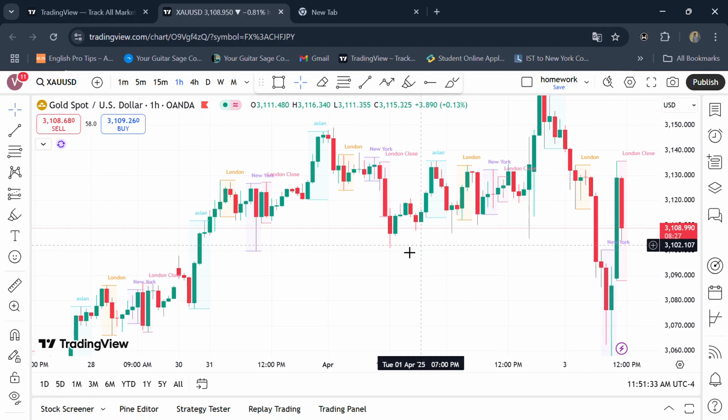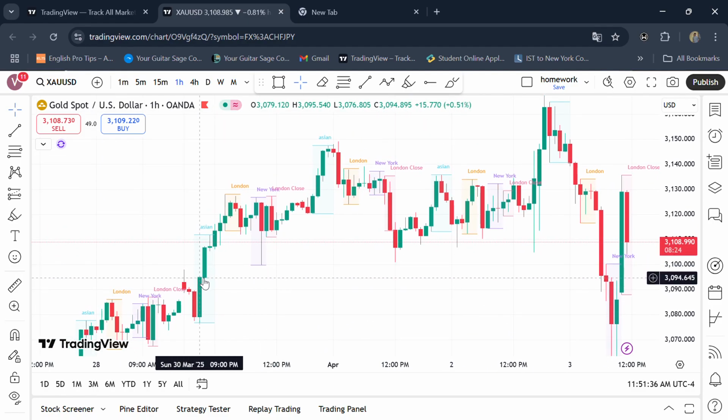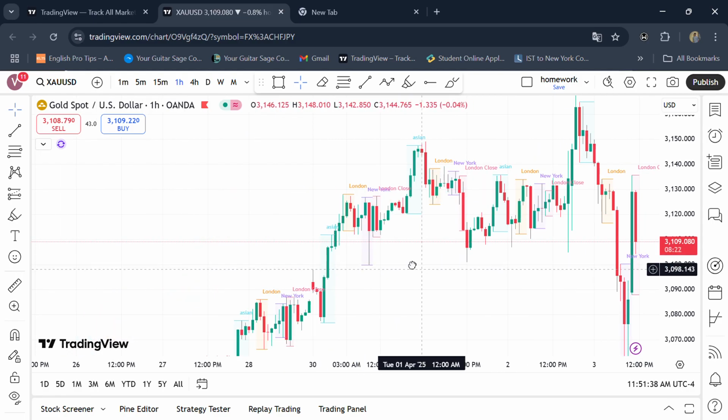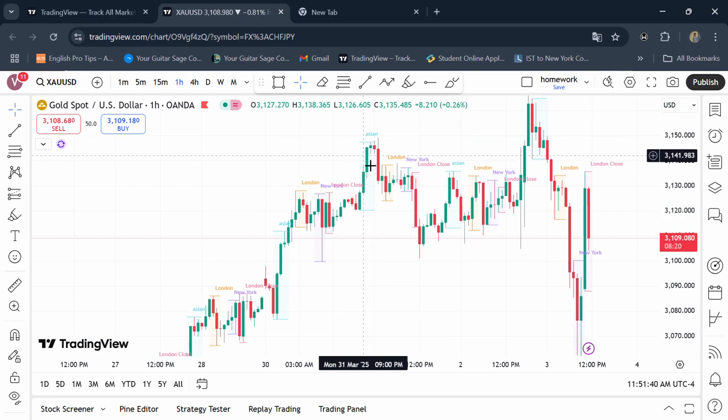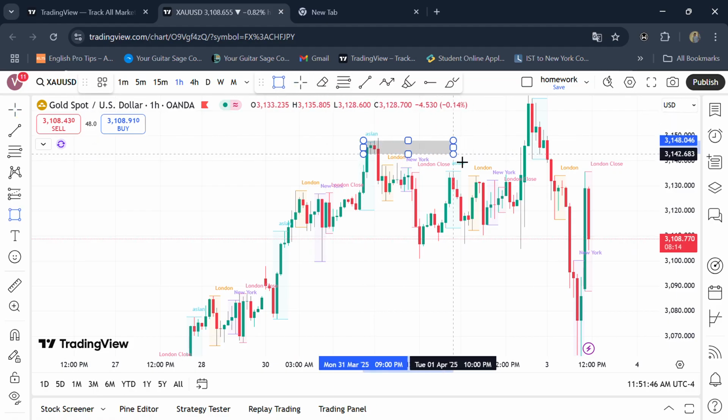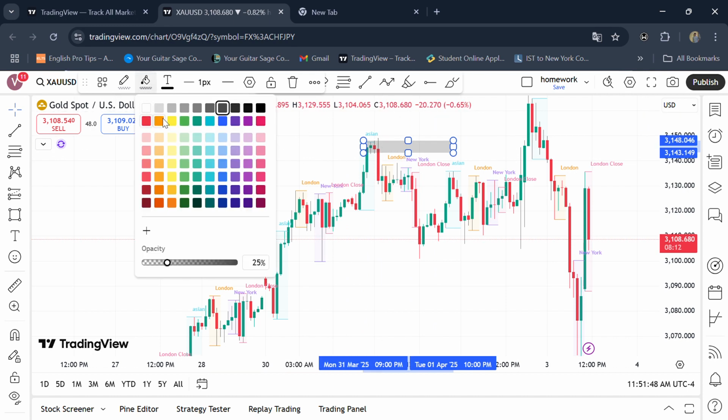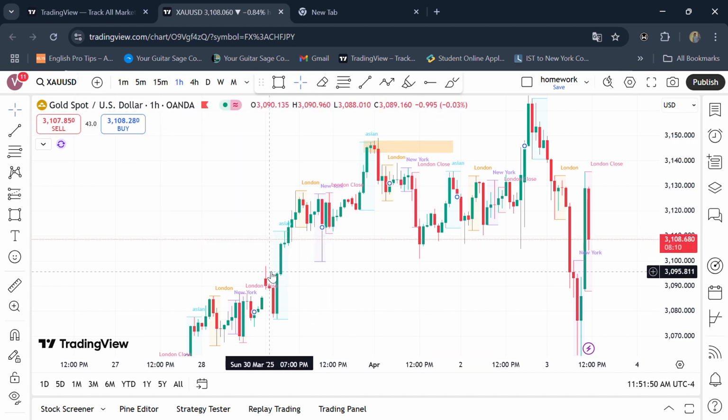There was no major structure on higher time frame because all the order blocks, 1 hour order blocks, were far away, because this was one 1 hour order block, and this was a 1 hour order block, which we weren't sure if it would take.